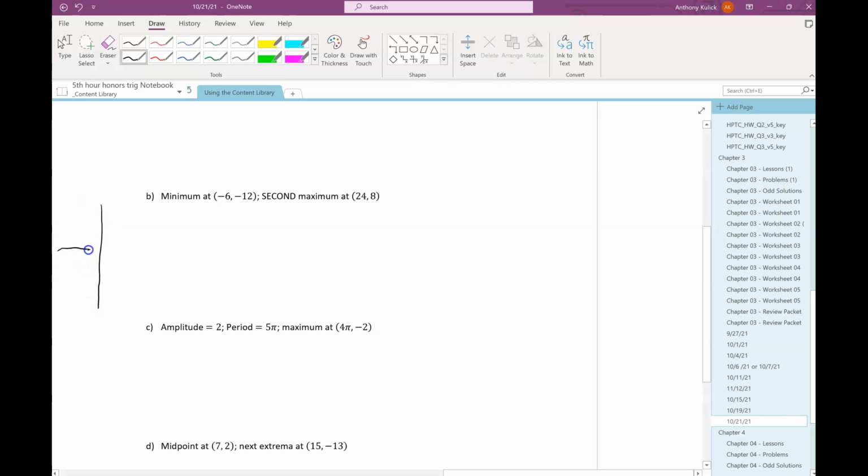So I'm going to start by sketching a little picture of what's going on. I have my minimum down here, and then we go up to one maximum, and then up to the second maximum here. Does that feel okay? Yeah. All right.